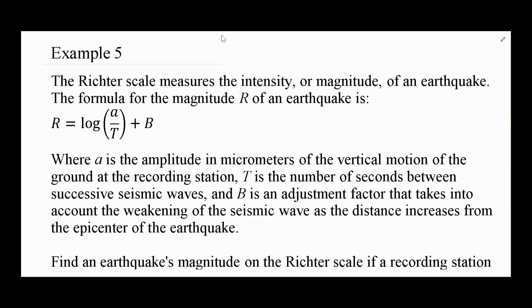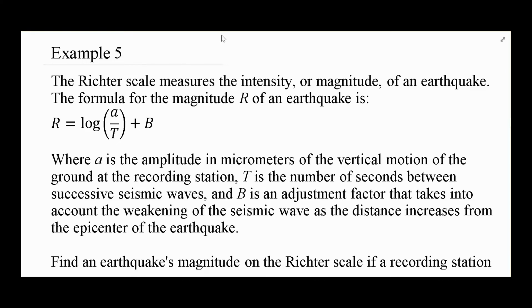The next thing I want to look at is a very specific type of word problem that involves a common log. And these problems, quite frankly, are going to be some of the easiest problems that you're ever going to deal with. They're to talk about the Richter scale. You've probably heard of the Richter scale before and how it measures the intensity of an earthquake. So it does involve common logarithms when calculating the value on the Richter scale, the intensity or magnitude of the earthquake.